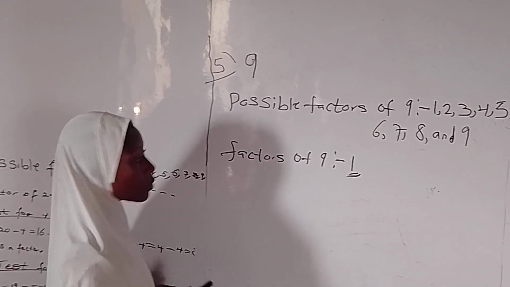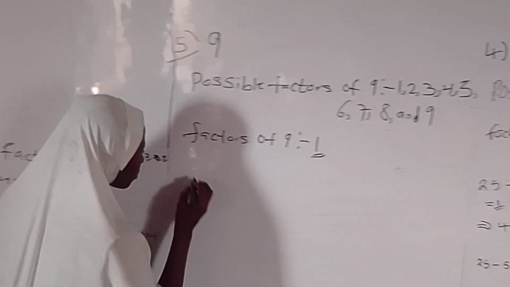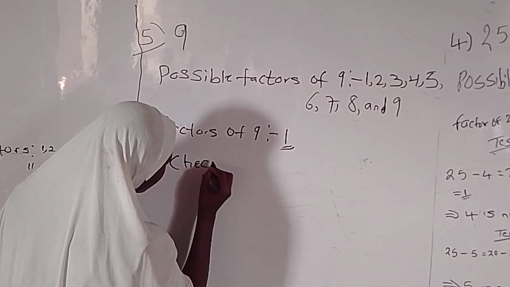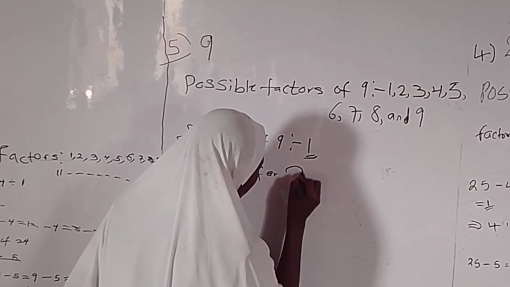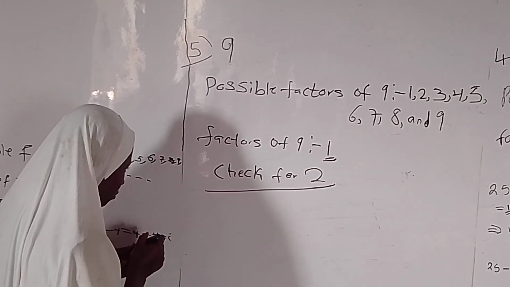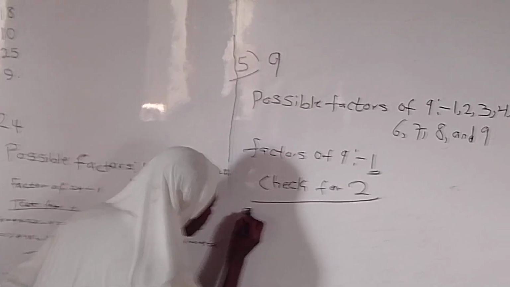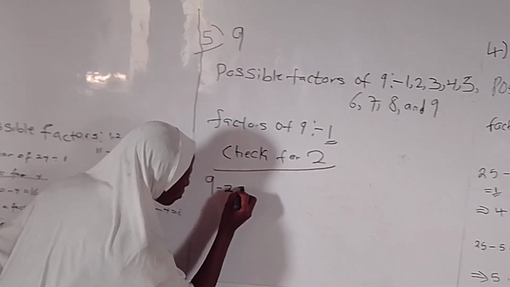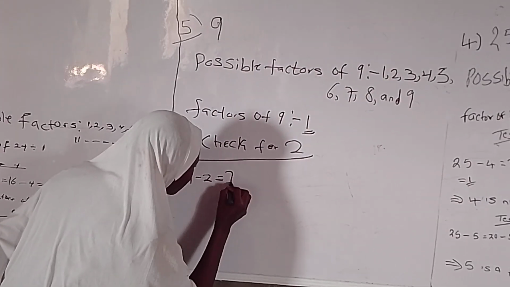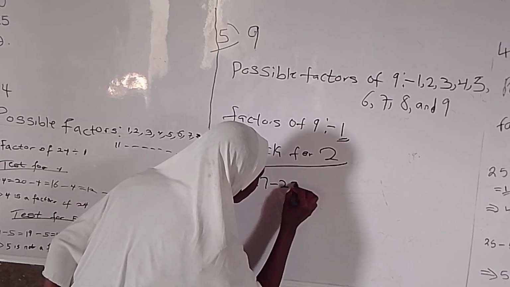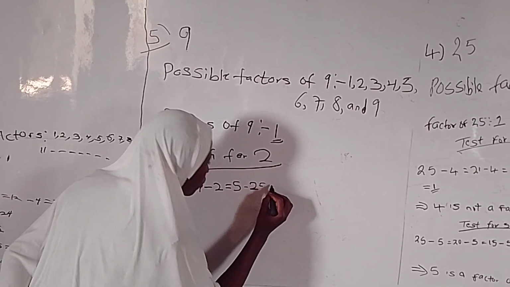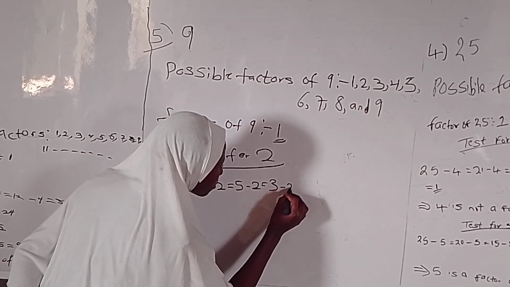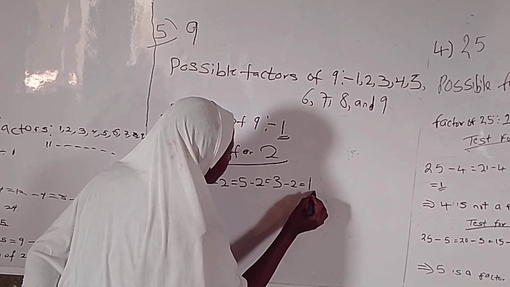Now, let's check for 2. 9 minus 2 equals 7. 7 minus 2 equals 5. 5 minus 2 equals 3. 3 minus 2 equals 1.